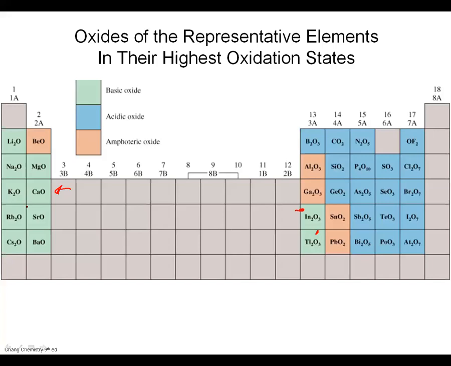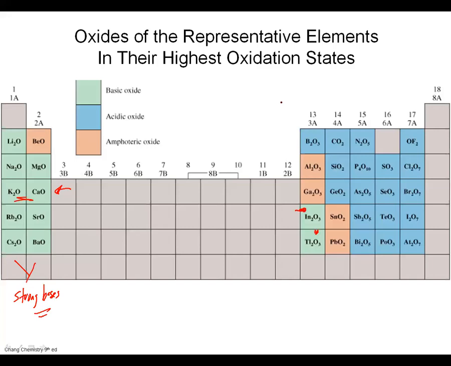So we've got sodium oxide, potassium oxide. And when these react with water, these are really where a lot of our strong bases come from, right? So the first two groups on the periodic table are essentially your basic oxides, with a couple on the right-hand side also part of that.